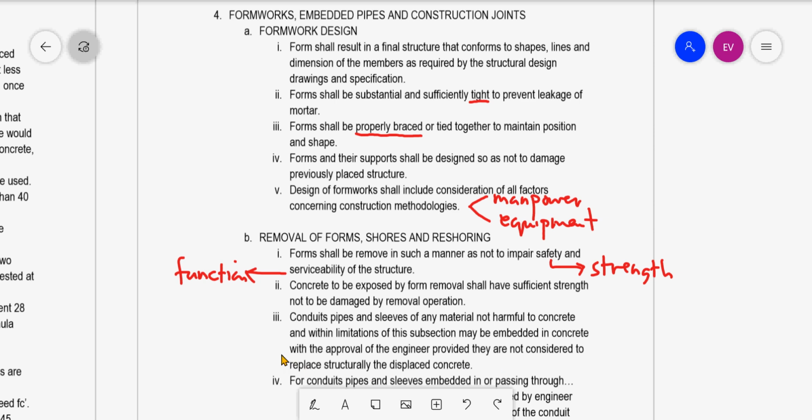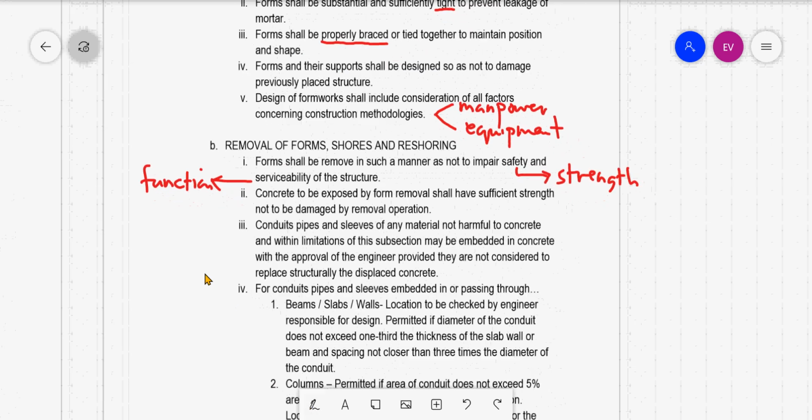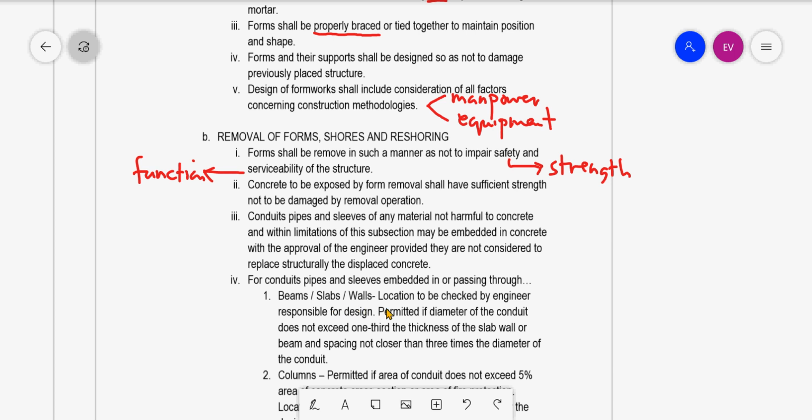For conduits, pipes, and sleeves, the mode of embedment has two types: the embedded-in type or the passing-through type. For beams, slabs, and walls, it is more common to encounter the passing-through type of embedment.